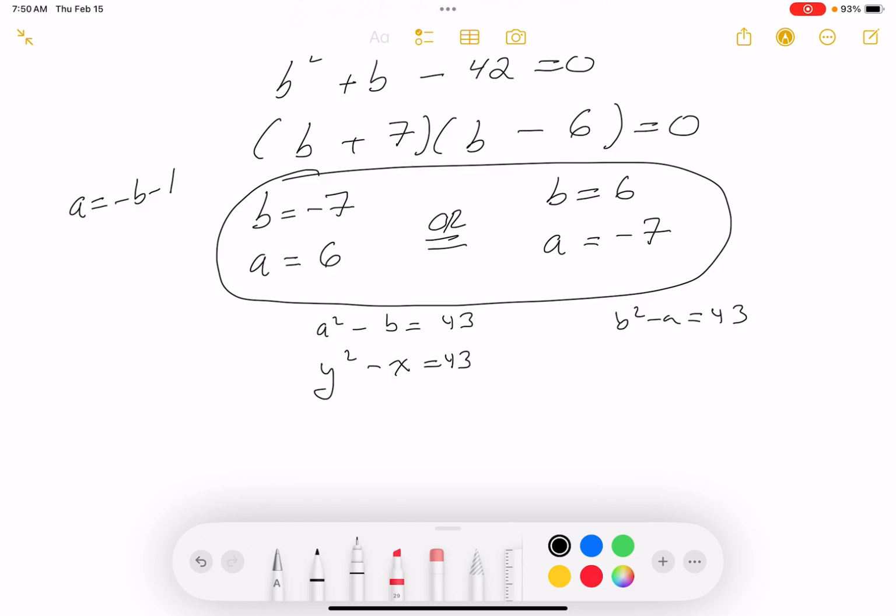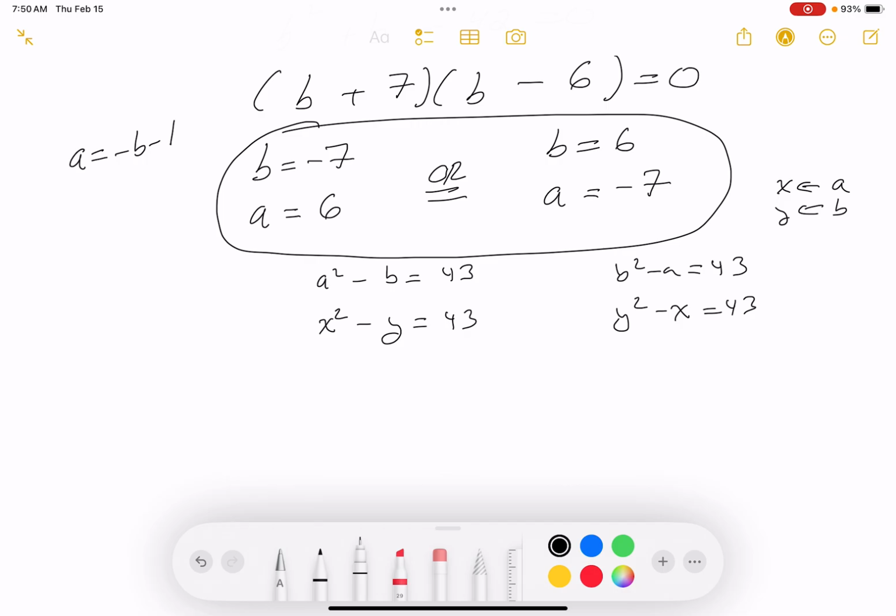And what do you write over there? You know what? I made a mistake in writing that. Sorry, didn't realize that. A is going to be x. So I'll say x squared minus y equals 43. And what's this one over here going to be? Y squared minus x equals 43. So I'm really just saying, instead of using the a, I'll use an x, and instead of using the b, I'll use a y. That's all I did, all right?